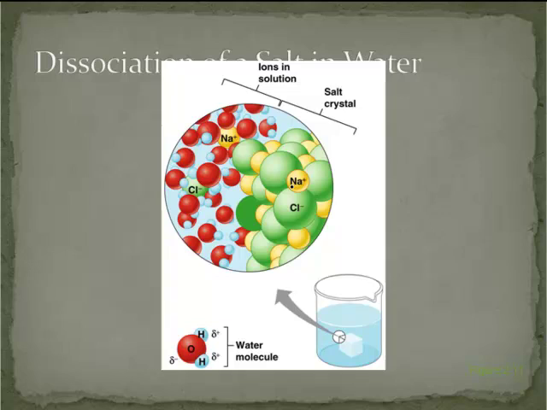What's actually happening is that, remember that sodium, because it's an ion, it has a positive charge. So the negative side of the water, the oxygen side of the water, is going to be attracted to that sodium. The positive side of the water is going to be attracted to the negatively charged chloride ion. And so the water molecules can just pick this salt molecule apart, and we end up with Na positive and Cl negative ions floating around inside your cup of water.